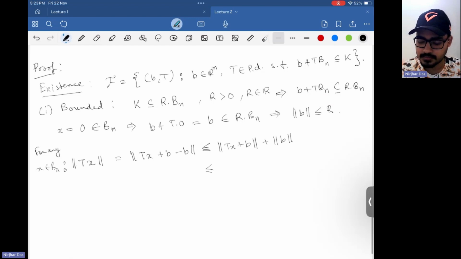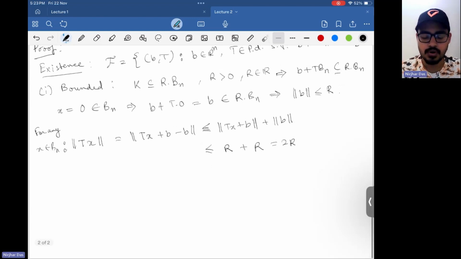So this is less than or equal to R, and this is less than or equal to R, which is less than or equal to 2R. So we have that for all x in the ball Bn, T(x) is upper bounded by 2R.